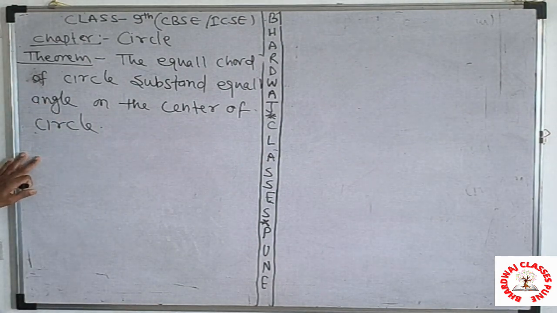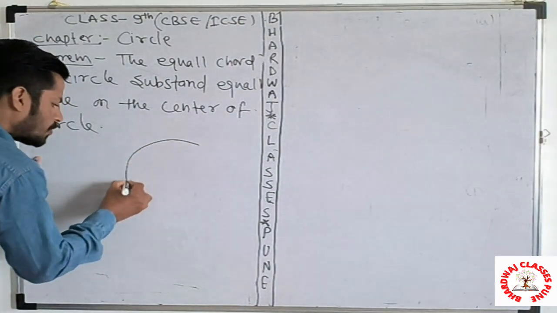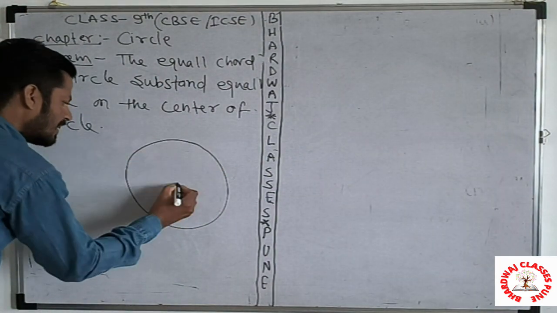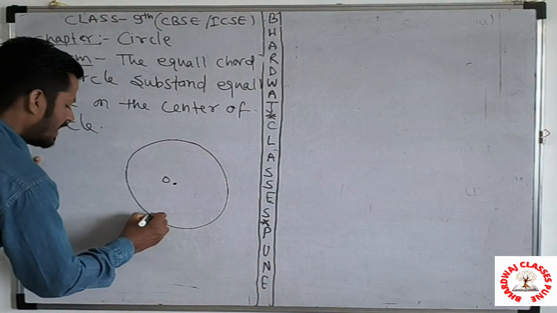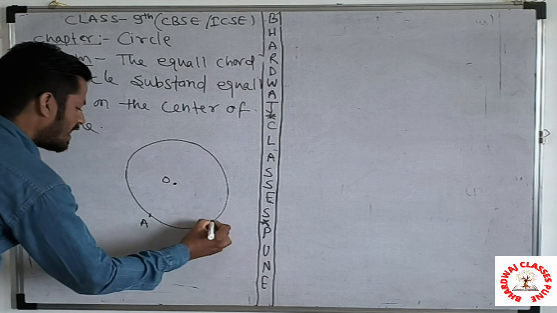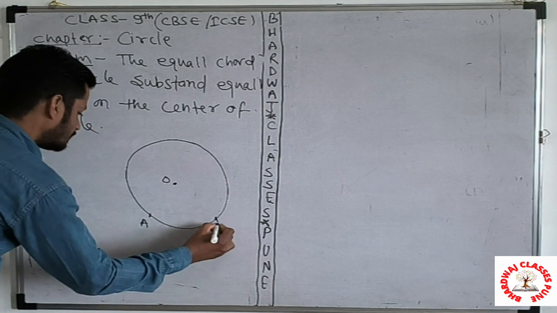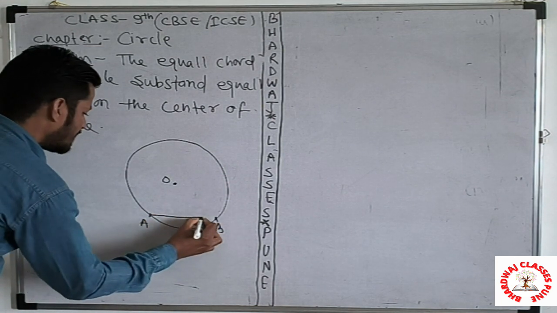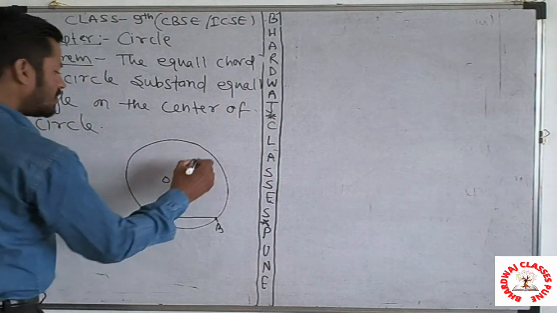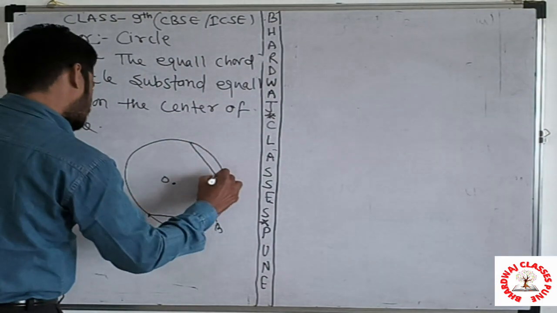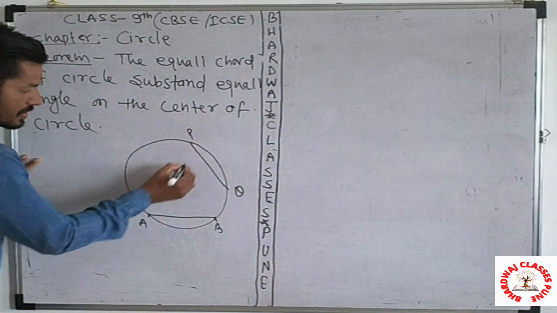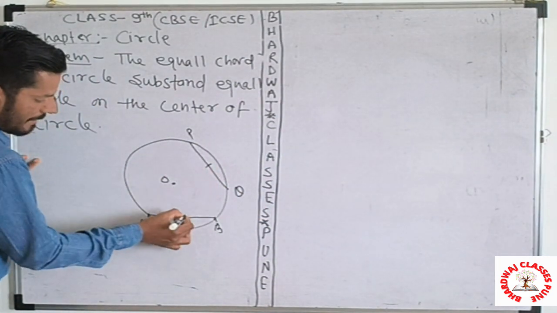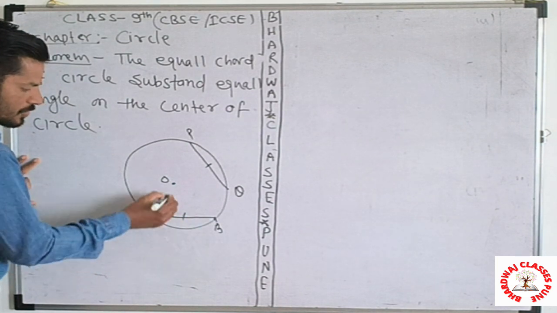What is the meaning of this? Let us suppose it is a circle, this is the center of the circle, and this AB is a chord, and this PQ is another chord, and it is given that AB is equal to PQ.